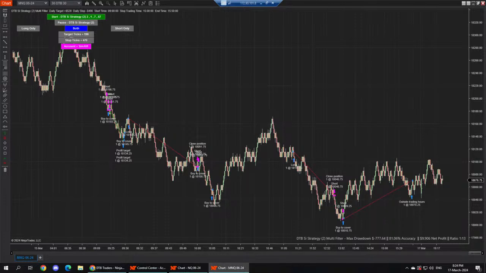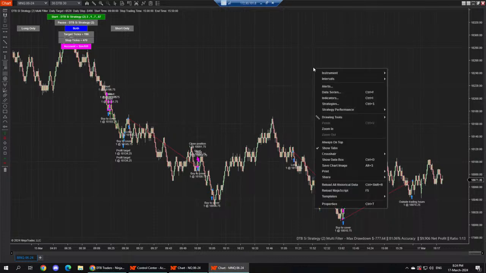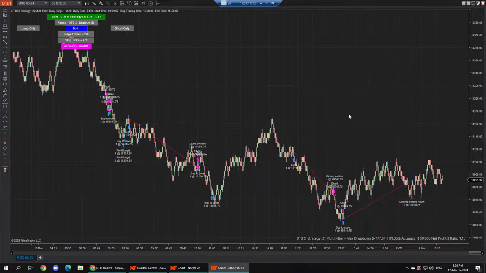Okay, so question, what is the difference between the SI strategy and the analytical, since they both use the SI indicator? Yes. Okay, so the SI strategy and the analytical are using the same type of indicator. So if I go to the indicator list, we will see in here, let me just bring that up.